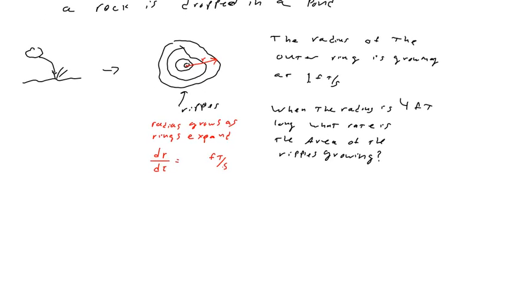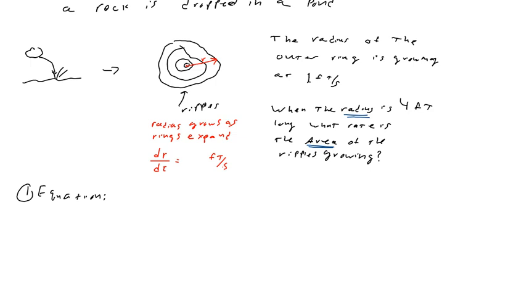Our first step, find an equation. What equation relates these two variables of area and radius? I need to know my area and my radius. That's the information I want to find, right? I want to find area. So what equation are we going to use in this situation?